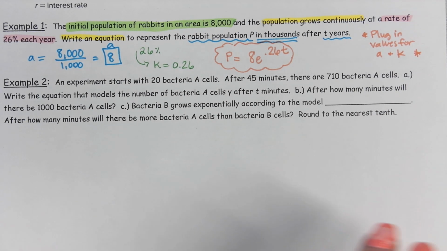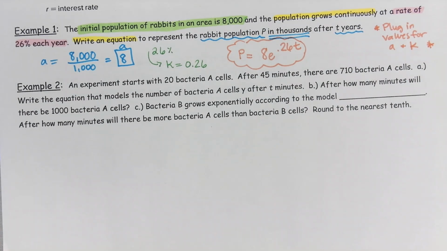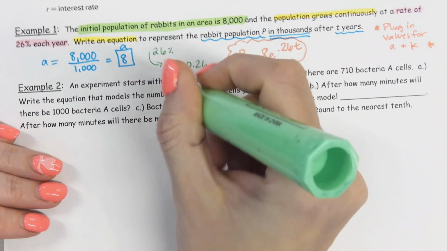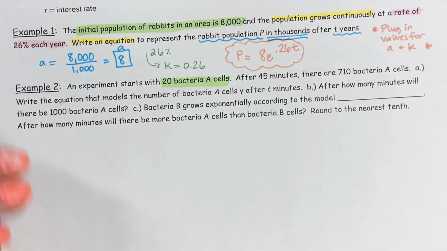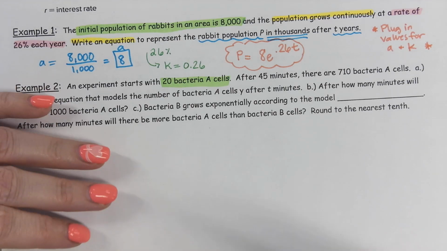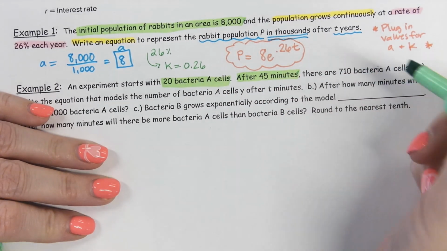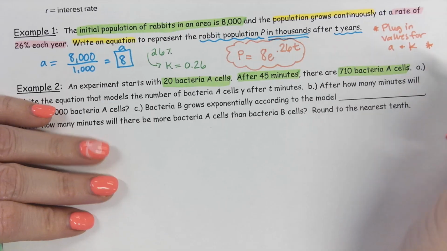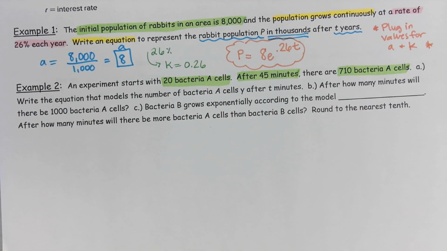All right, in example 2, it says an experiment starts with 20 bacteria A cells. So there's going to be a bacteria B. Okay, so 20 bacteria A cells. After 45 minutes, there are 710 bacteria A cells.